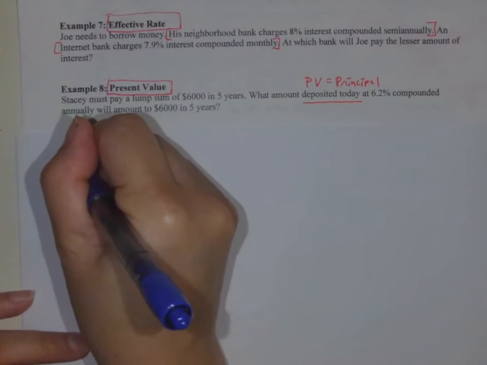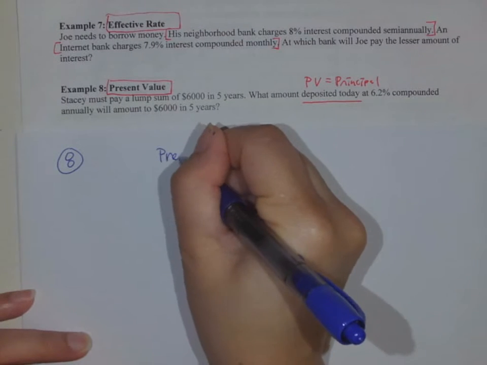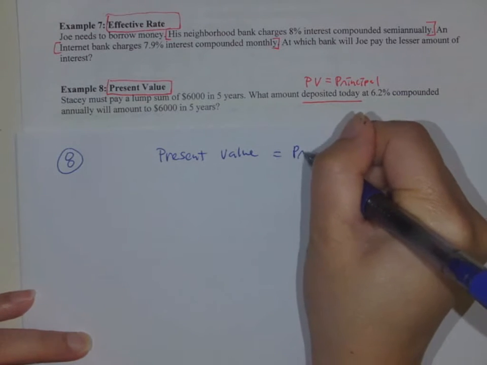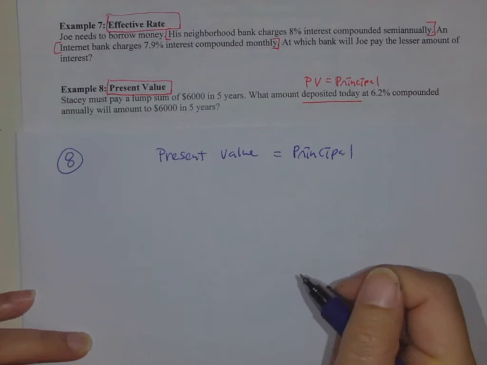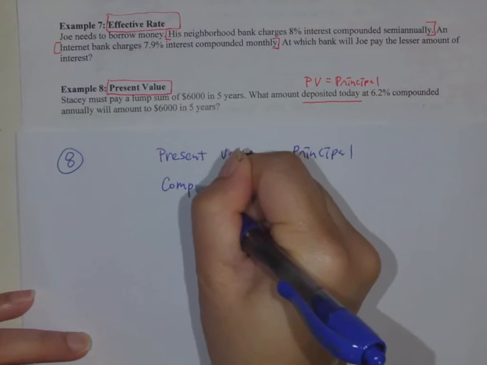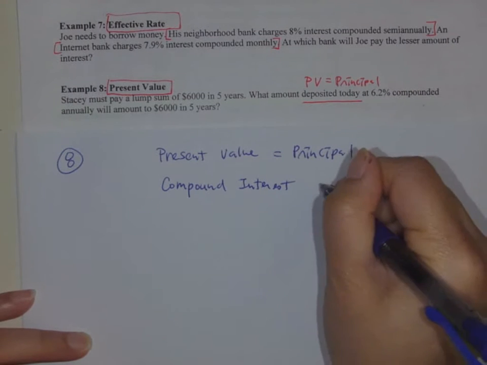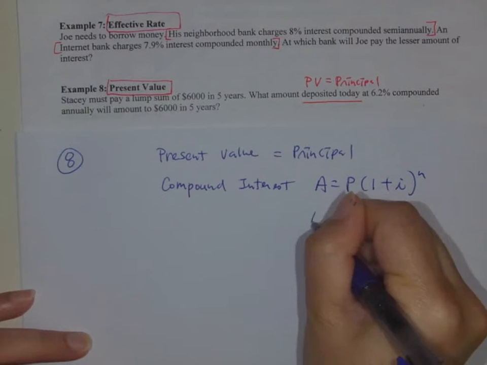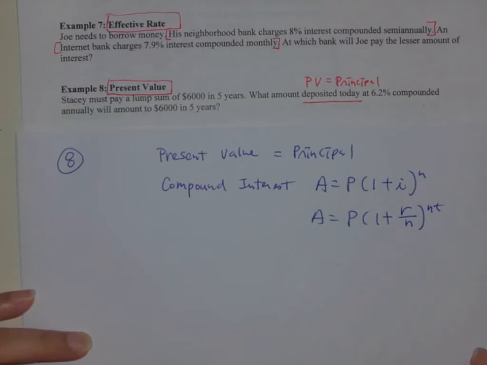So for number 8, this is chapter 5.1 again. Your present value basically is what your principal is going to be, and this looks like compounded annually, so we're going to use the compound interest formula, which is A equal to P, your book says (1 plus i)^n, and I use P(1 + r/n)^(nt).